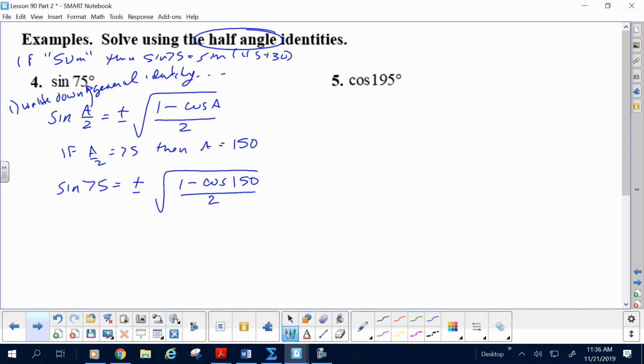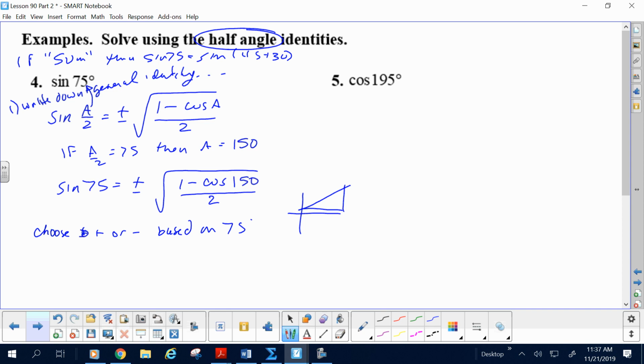Now we're going to simplify. When simplifying, you're going to need to choose plus or minus based on 75 degrees. I know that sine of 75 degrees is in the first quadrant. I should choose plus, okay?